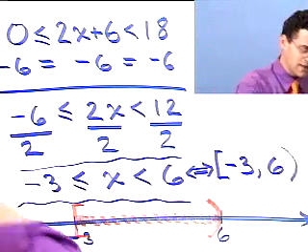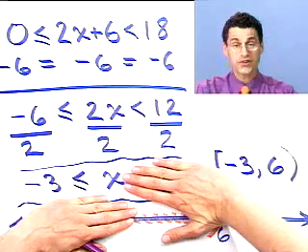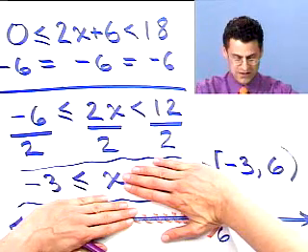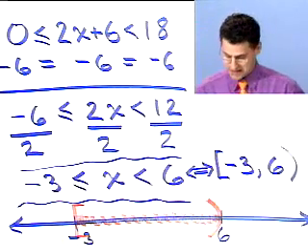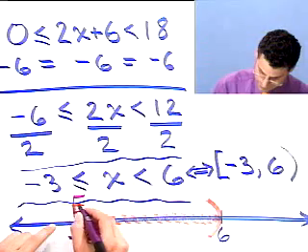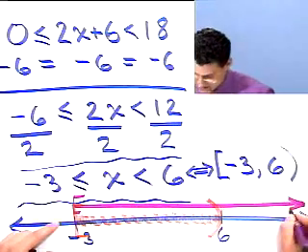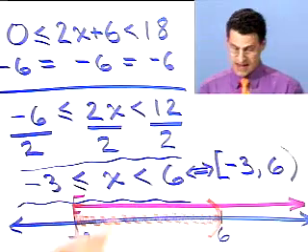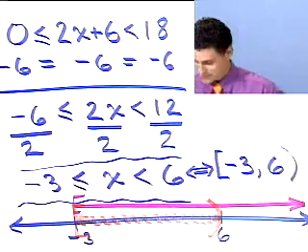And notice, by the way, this really was an intersection. If I just look at this piece right there, minus 3 is less than or equal to x. What that means is that's this region right here. So x is all this stuff up here. And x is less than 6. That's this region right here.